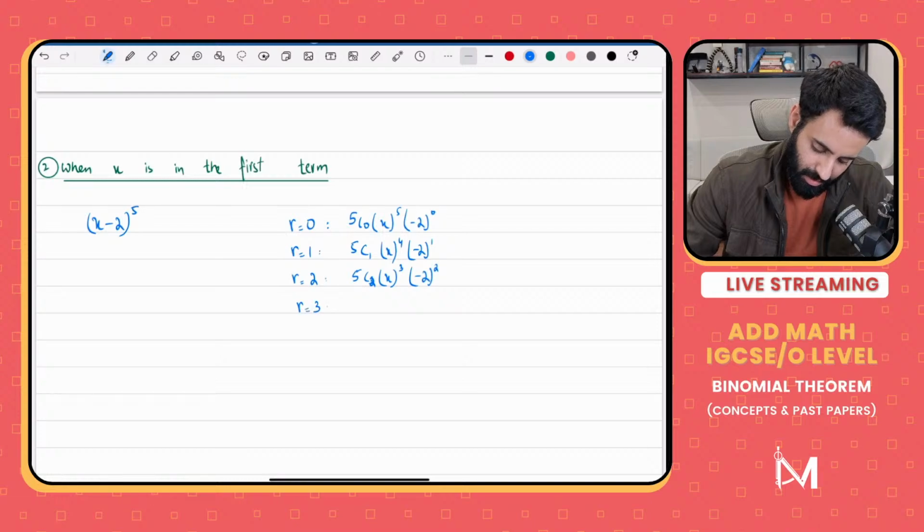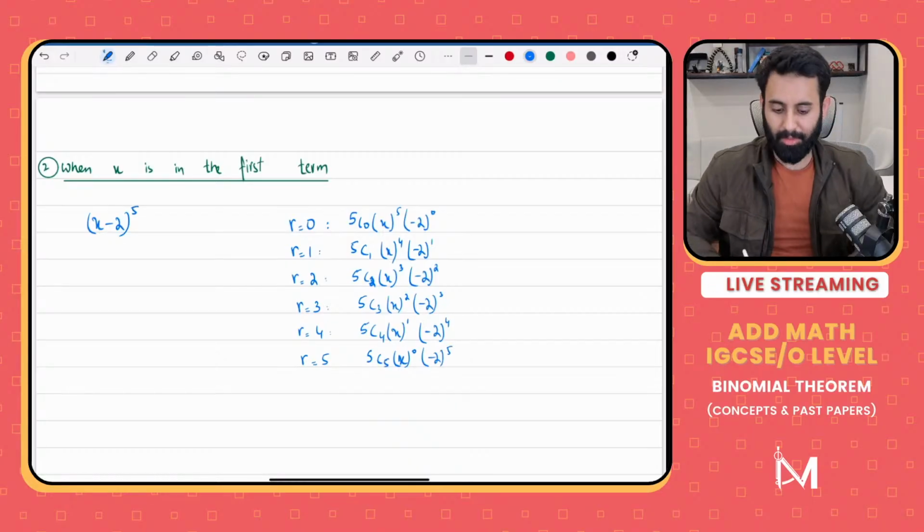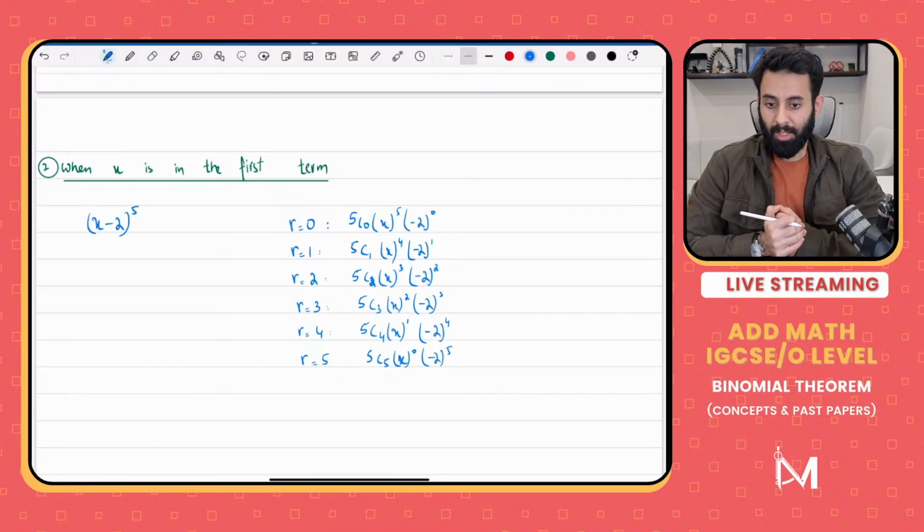R equals 3, 5c3 x raised to the power of 2, minus 2 raised to the power of 3. Then r equals 4, which means 5c4 x raised to the power of 5 minus 4, which is 1, minus 2 raised to the power of 4. Then r equals 5, 5c5 x raised to the power of 0, minus 2 raised to the power of 5. Okay, apologies for the handwriting.